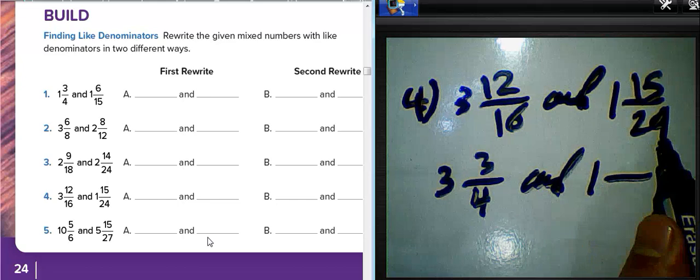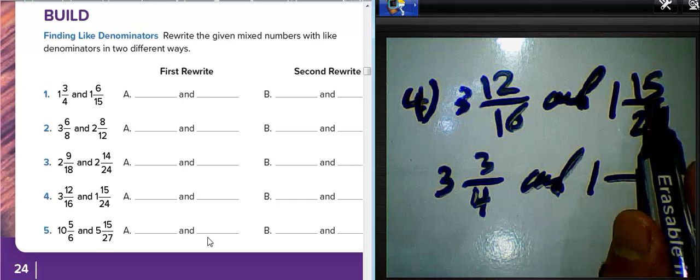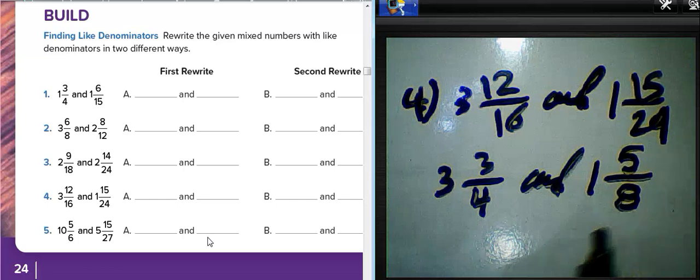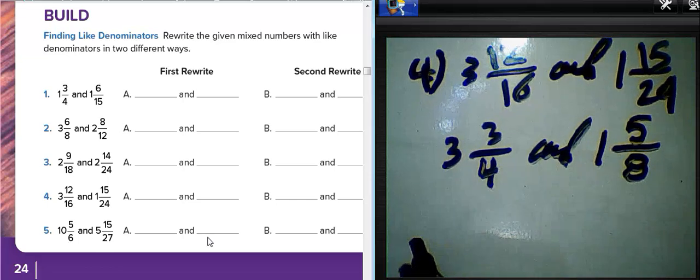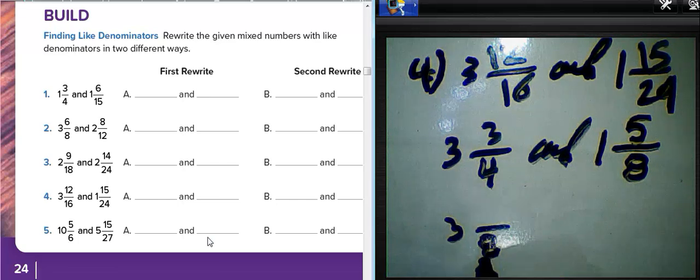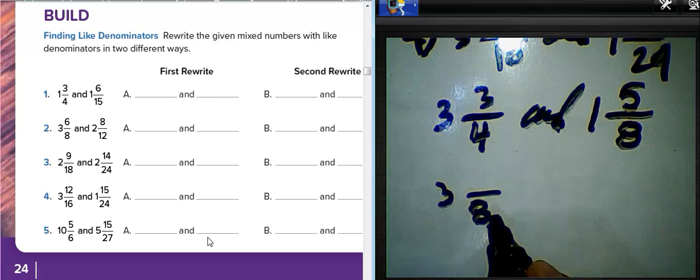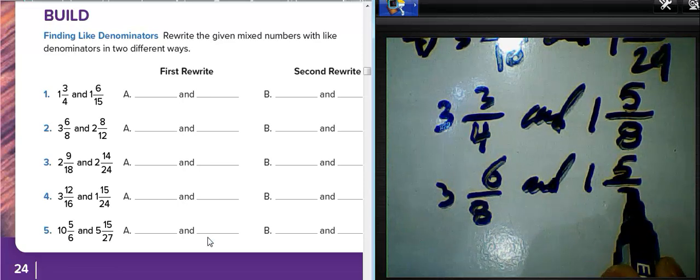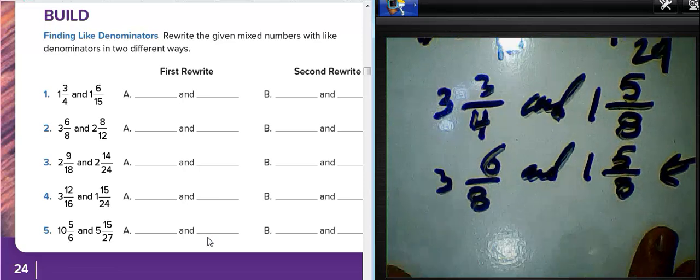And write 1 here. 15 and 24: 15 divided by 3 equals 5, 24 divided by 3 equals 8. Okay, and then we can write the least common multiple between them. 8 can be divided by 4, so 8 is the least common multiple. Write 8 here. 2 times 4 equals 8. 2 times 3 equals 6, and 1 and 5 over 8. Okay, this is the result 1.